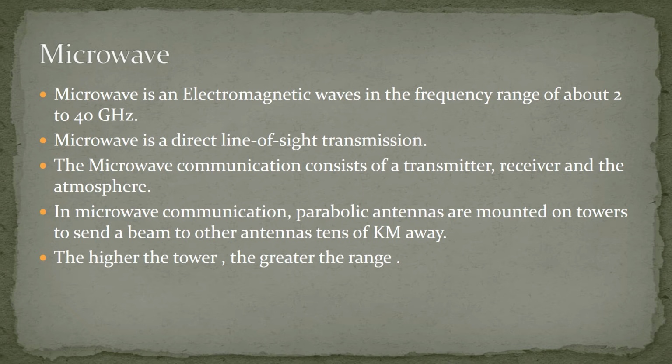In microwave communication, parabolic antennas are mounted on towers to send a beam to other antennas tens of kilometers away. These towers are not located very close to each other, but rather kilometers away, but the carrier waves are such in frequency that they can travel hundreds of kilometers.